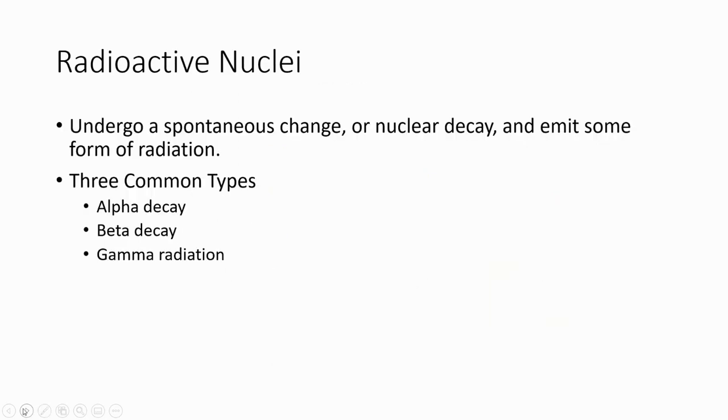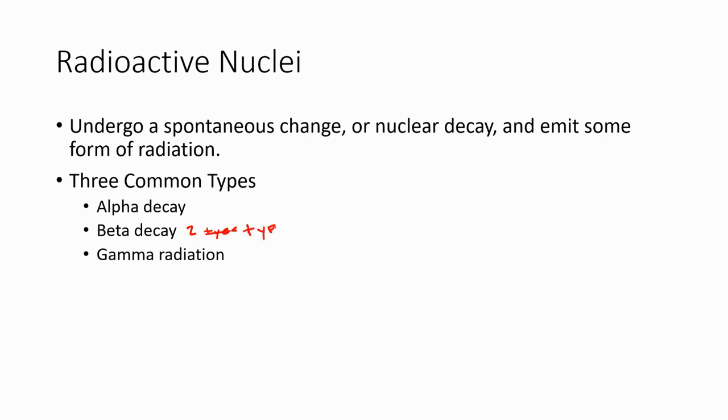There are really three types of radioactive decay that we're going to look at in detail. We're going to look at what's called alpha decay, where a big chunk of the nucleus is ejected from the nucleus. We're going to look at two types of beta decay, where we look at particles like electrons and positrons.